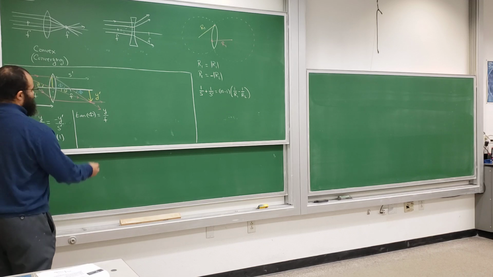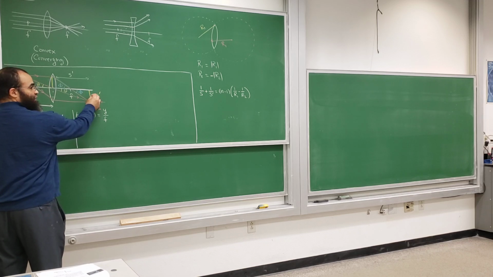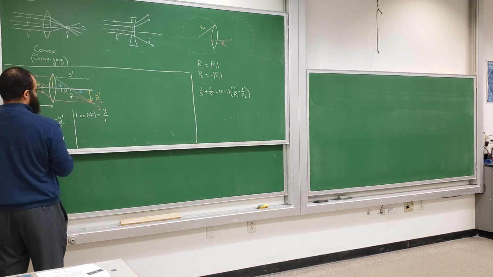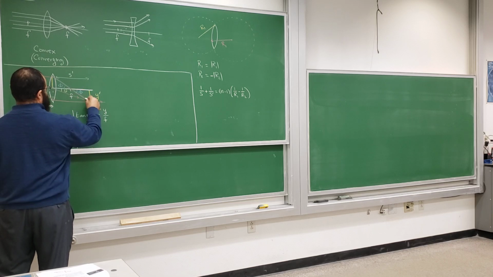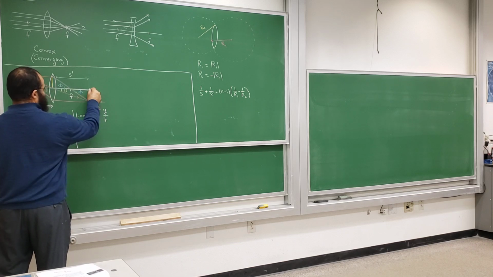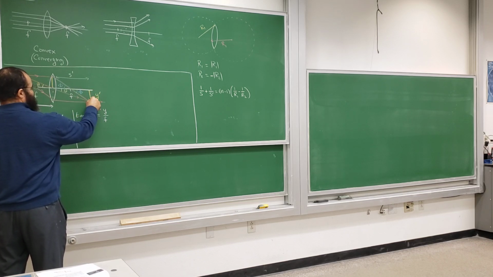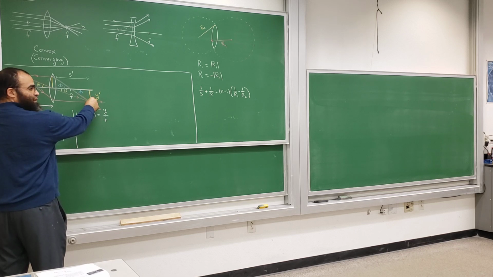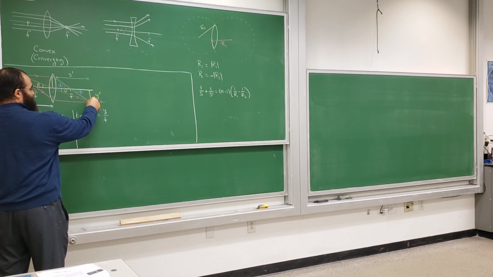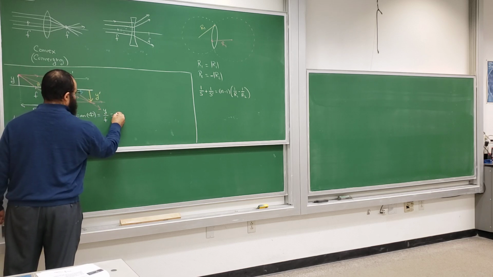Okay, let's look now at phi from this side, this one. So it would be what? This side, which is y prime, but I have to put minus, right? Minus y prime, because it's inverted, over this distance. What's this distance? S prime minus f.